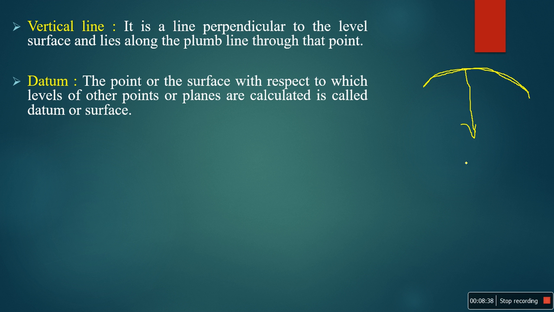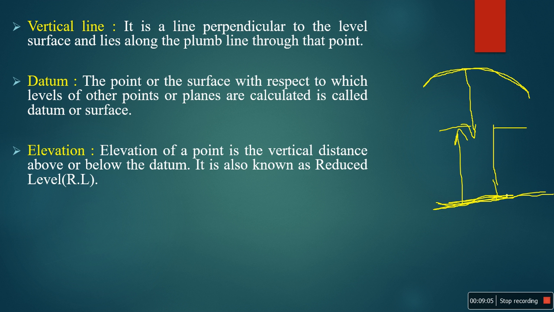Okay, so for example, this is the height of the building here. This is our ground level. So if we are finding the height of this building, we are taking the reference from the ground level. So this reference is called our datum line or datum surface.